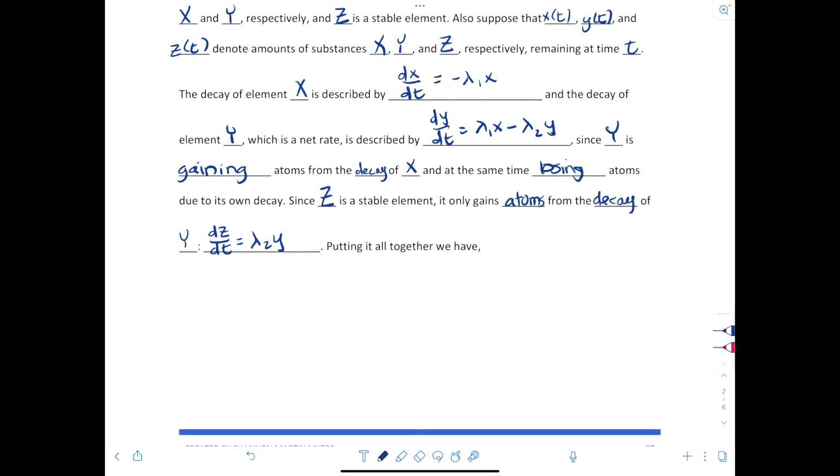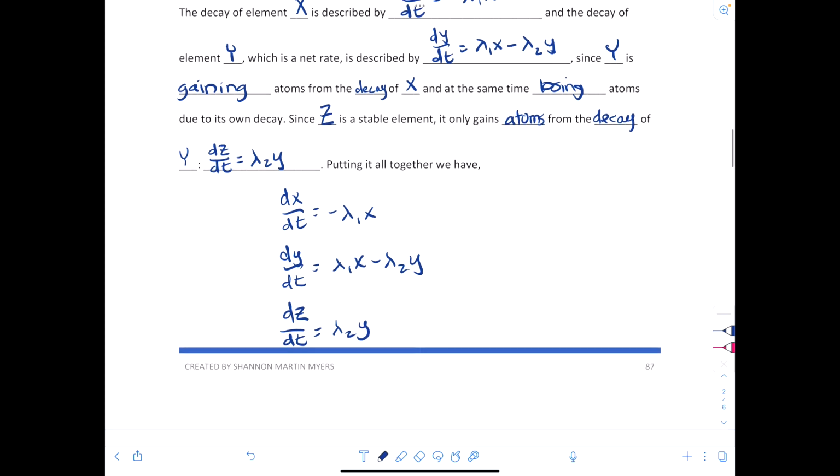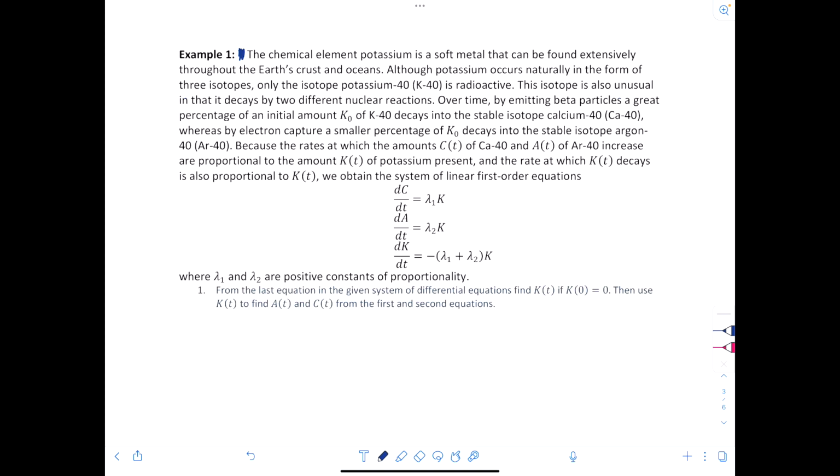So if we put all this together, we will have dx/dt equal to negative lambda 1 times x, dy/dt equal to lambda 1 x minus lambda 2 times y, and dz/dt equal to lambda 2 times y. Good so far?